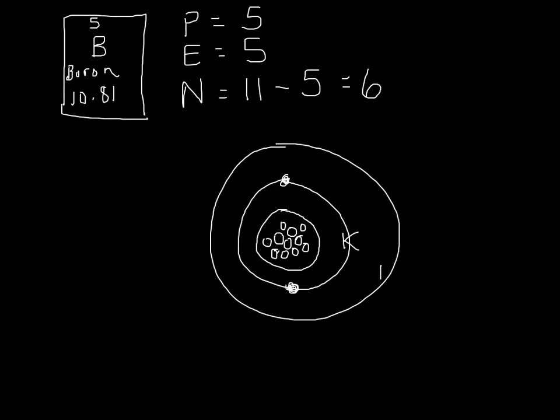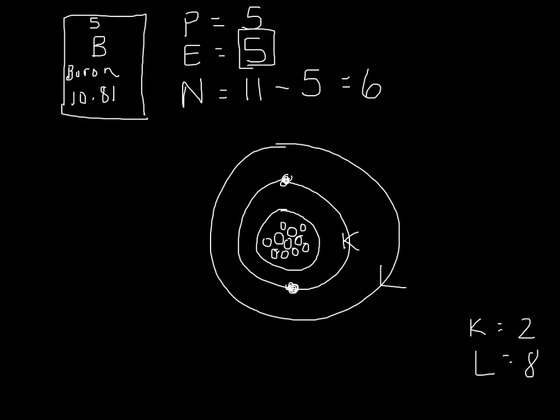The next level is the L level, and the L level has the capacity to hold 8. So K has the capacity to hold 2, L has the capacity to hold 8 electrons. If this is the case, we can fit more electrons in this L level. We have 5 total that we need for this atom of boron.